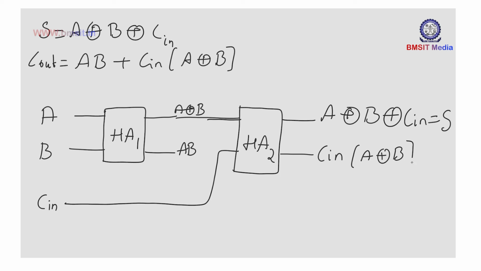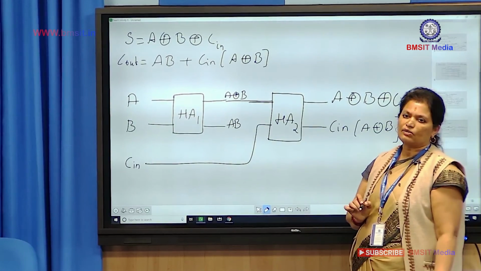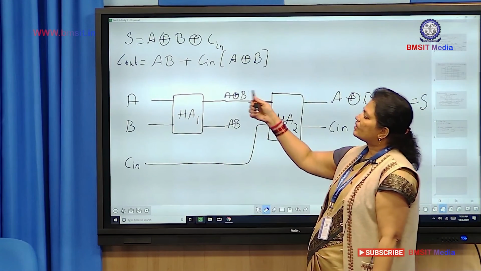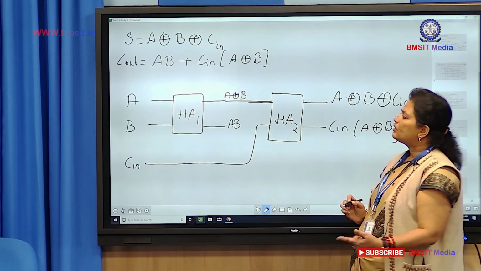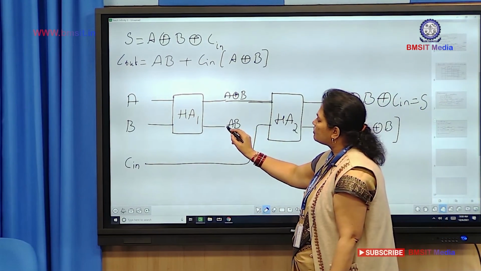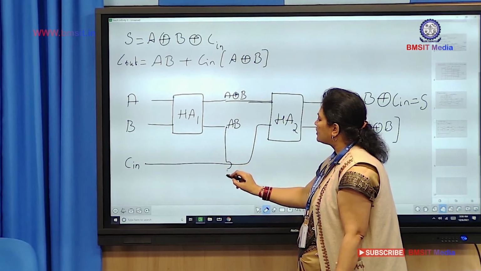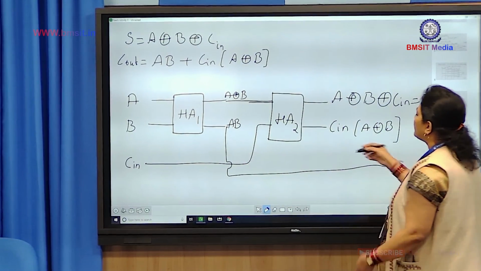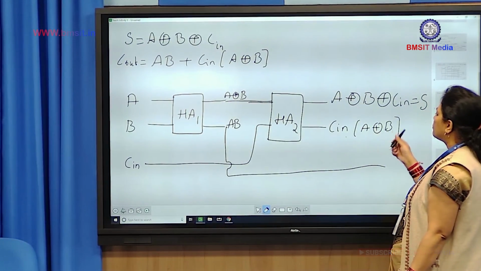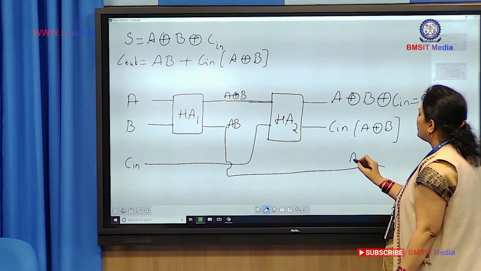But still we have not completed the implementation of C out. So for C out, I need another term, AB also. So where do you get that AB from? Here. So we have this AB here. So take this AB. Now we have C in AND of A XOR B and here I have AB.